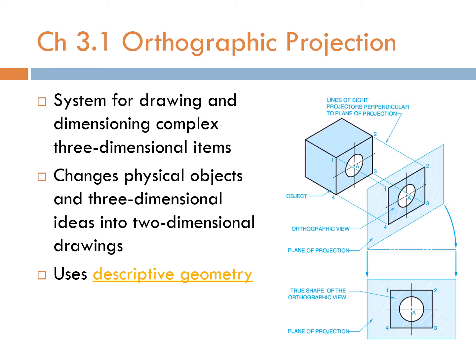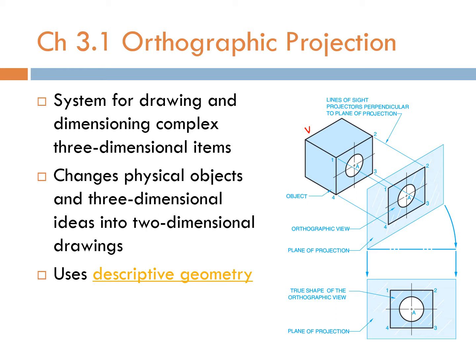Here is an example. You have a three-dimensional object, looking like this one over here. If you put a plane in front of the object and project the object onto the plane, the thing that you can see is only this side of the object.